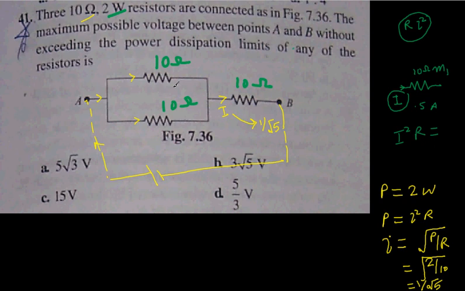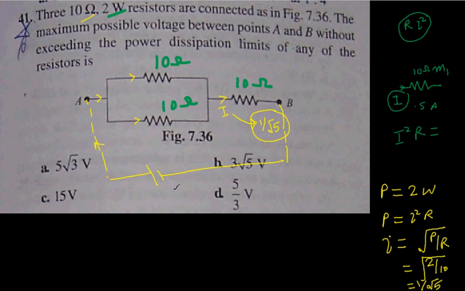But here, because you have one more resistance in series, we cannot increase the current limit beyond 1 by root 5. This is the limiting value of current that we need to remember.